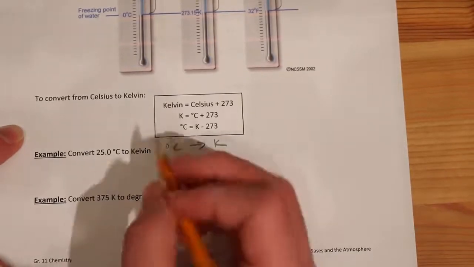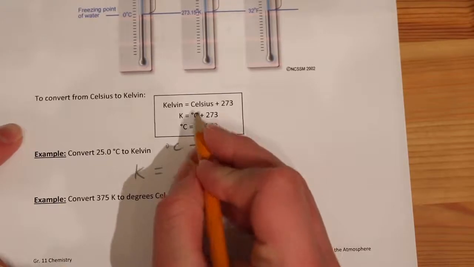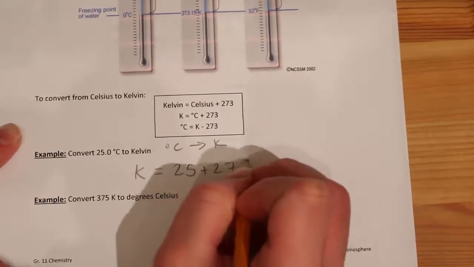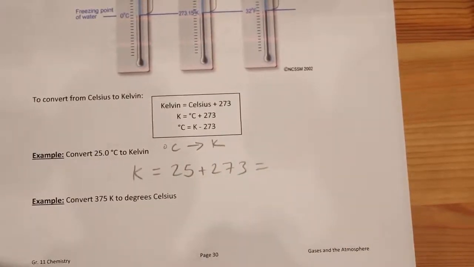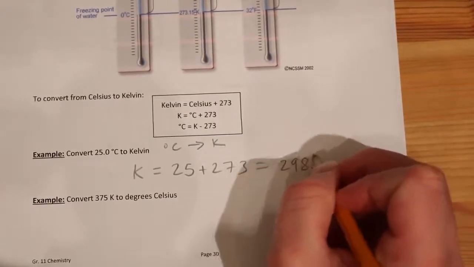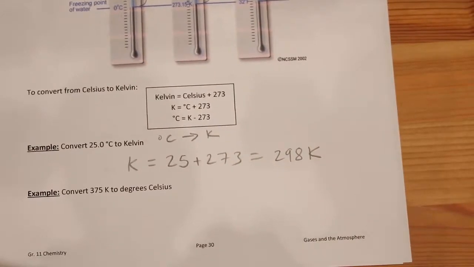So Kelvin equals our degrees in Celsius, which is 25, plus 273. And that's going to give us a final answer of 298 Kelvin. Just to be clear, to go from Celsius to Kelvin, all you have to do is add 273.